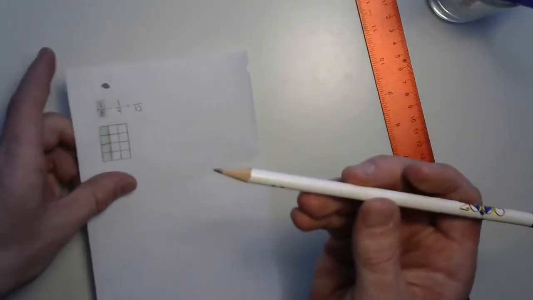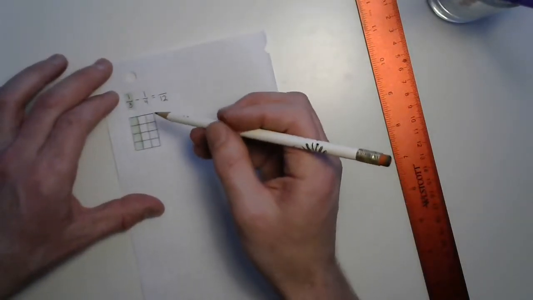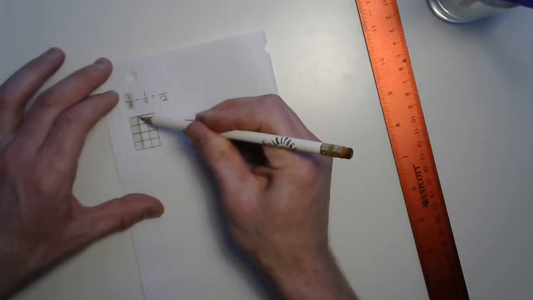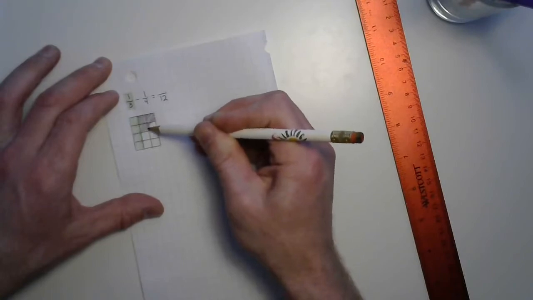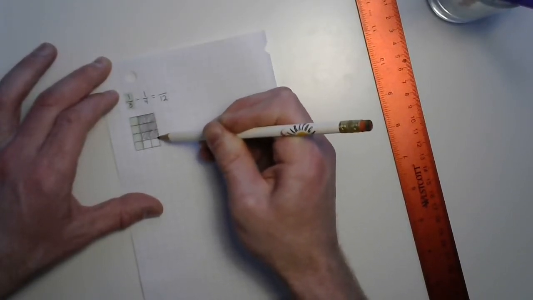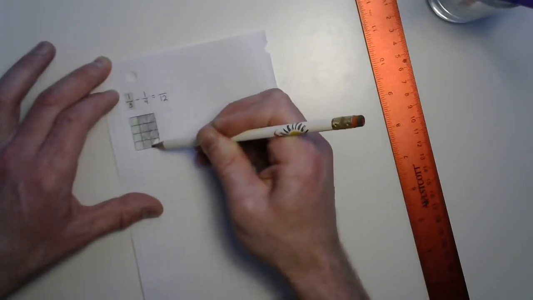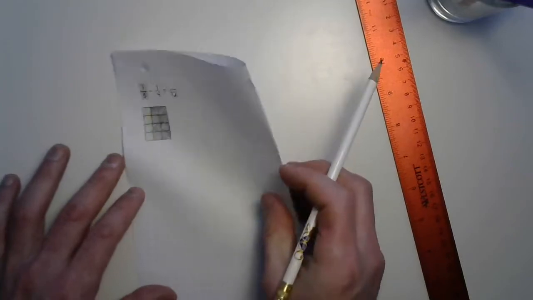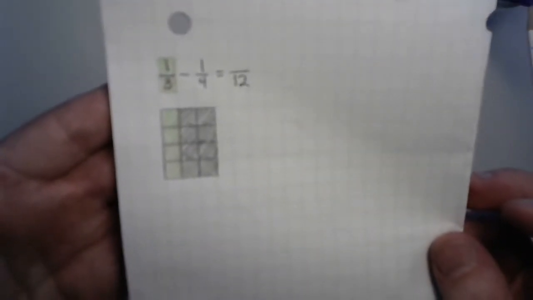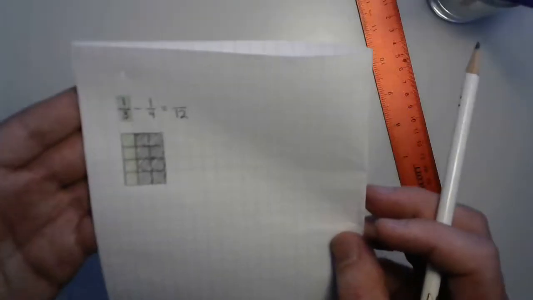Take your gray pencil and go ahead and shade them in gray. We want to make sure that when we're taking things away, we don't take anything away from these because there's nothing there to take. We're going to symbolize what we take away from that 1/3 with check marks.